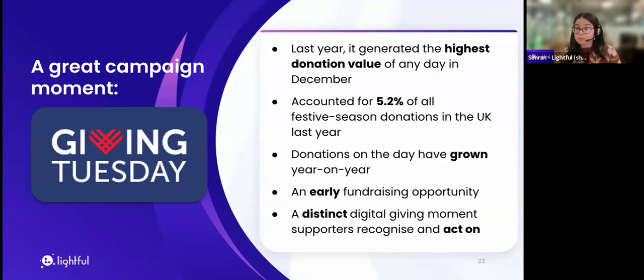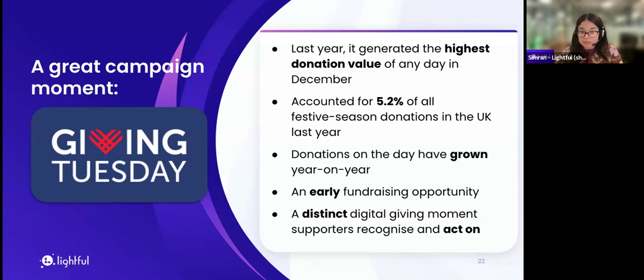So if you are trying to appeal to diaspora or international organizations, you should definitely consider it. Giving Tuesday has become one of the biggest generosity moments of the year, with huge momentum and donor participation. Supporters in the UK and US expect to see appeals on this day, and organizations that take part often see noticeable spikes in engagement and donations.